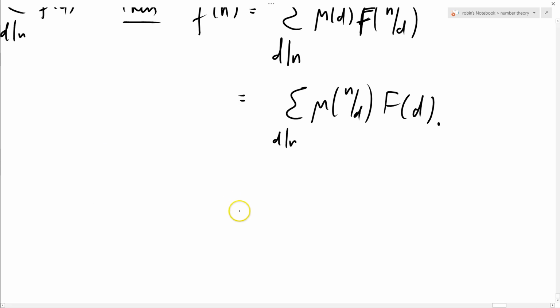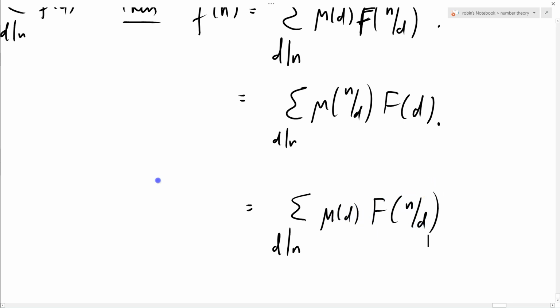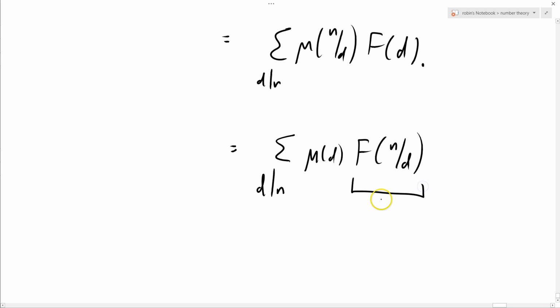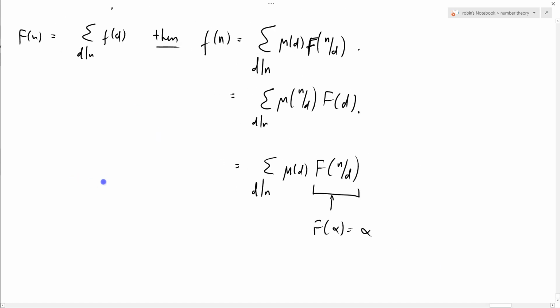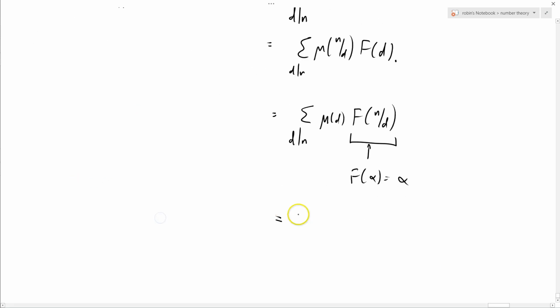Okay, so what's that equal to? Well, let's choose this one here: the sum over d divides n of mu of d times capital F of n over d. Well, we know what big F is. Big F of any number is just the number itself, because we established that on the last screencast. So this thing is equal to the sum over d divides n of mu of d times n over d.